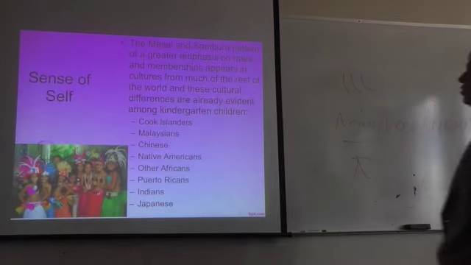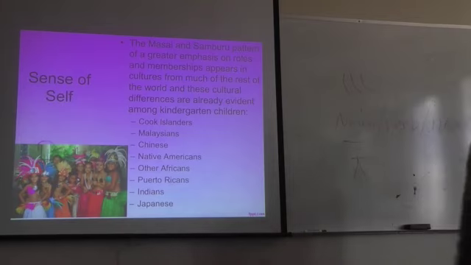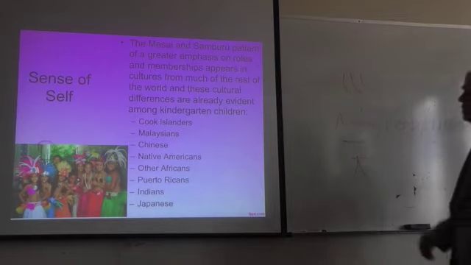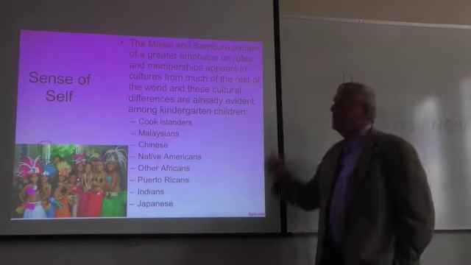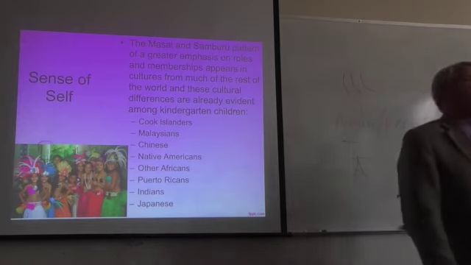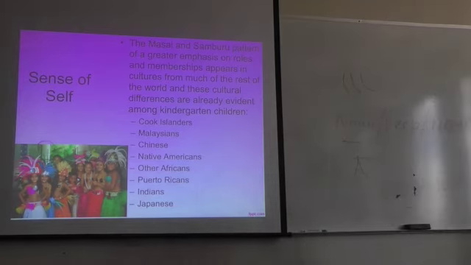The Maasai and the Samburu pattern of greater emphasis on roles and memberships appears in the cultures of much of the rest of the world, and these cultural differences are already evident among kindergarten children. So even if you give the 20 questions to kindergarten children among the Cook Islanders, the Malaysians, the Chinese, Native Americans, other Africans, Puerto Ricans, Indians, Japanese, they all identify themselves by their group.